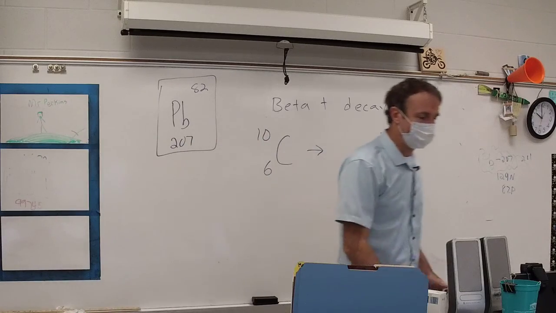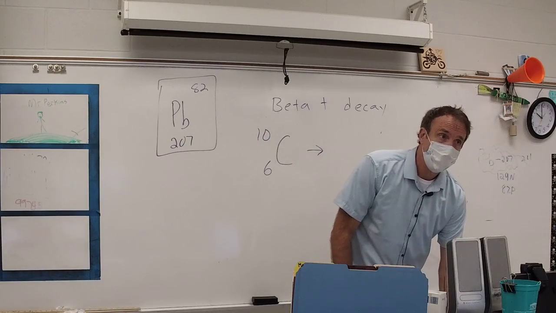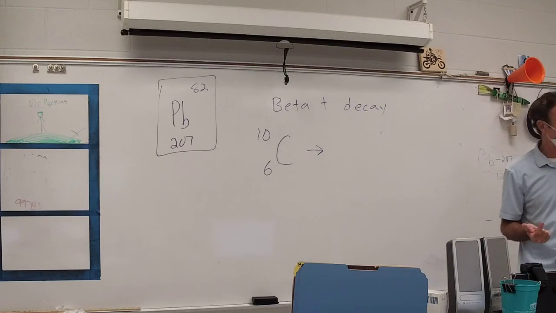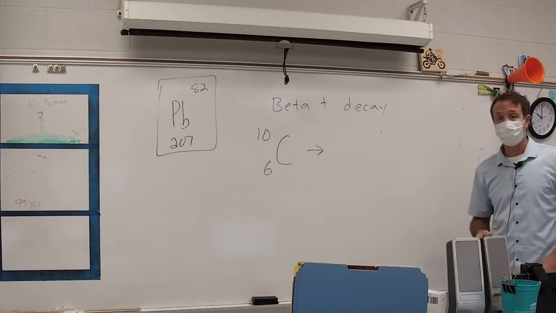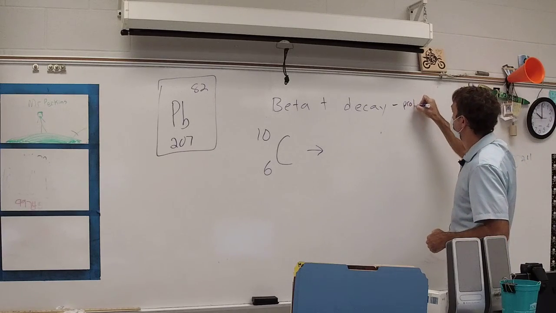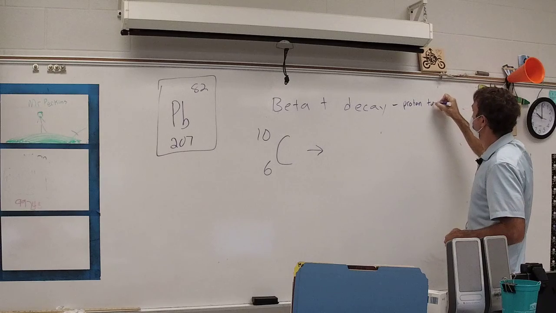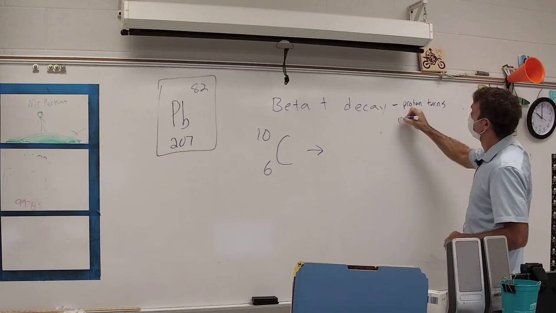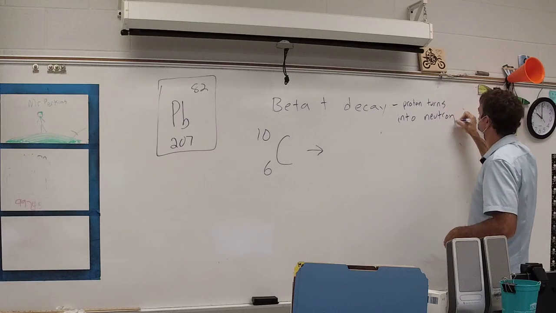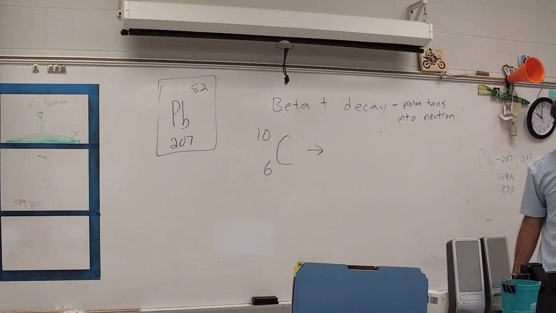What is beta positive decay? Beta positive decay is the reverse of beta negative decay. Beta positive decay is when a proton turns into a neutron. It's the reverse of beta negative.